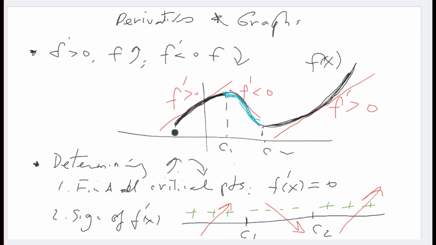All right, let's examine this section of the graph. Clearly, it's increasing. Now, how can we tell the sign of the derivative of the function over this portion? We can examine a tangent line. Just draw a tangent line over this section, at any point.